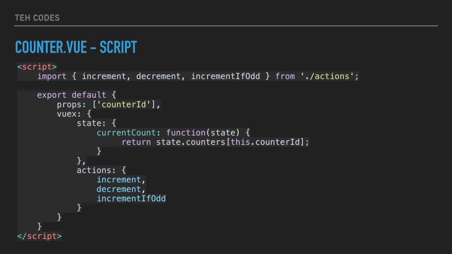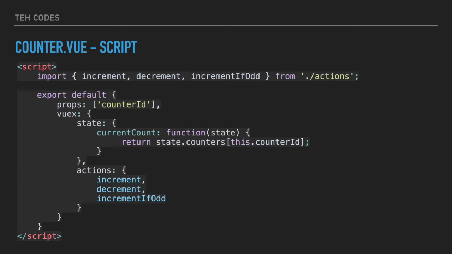Again, I'm using the ES6 object literal shorthand for properties, so increment is equivalent to increment: increment. And so I'm binding those actions straight into the Vue component. And then also there's vuex.state, which allows you to define getters on the current application state.